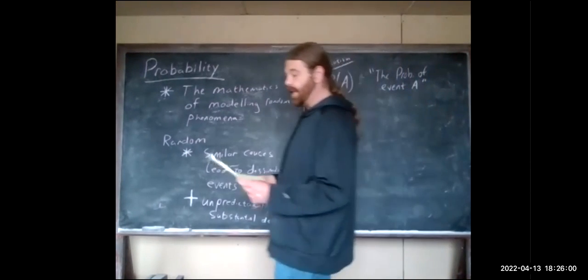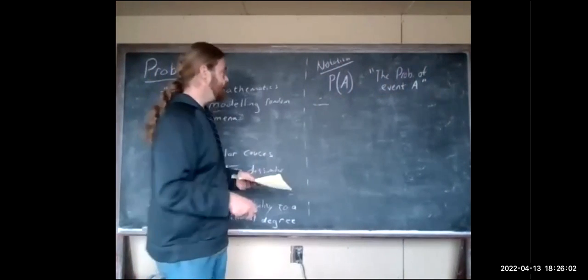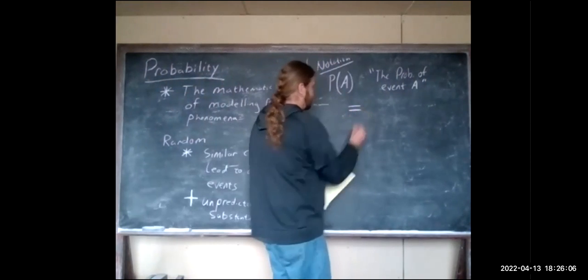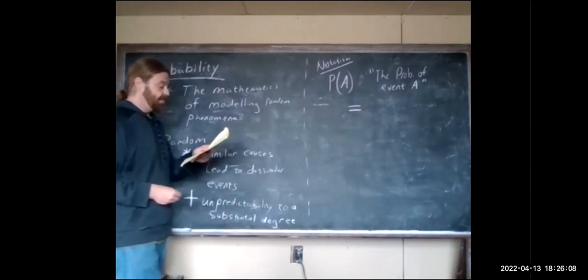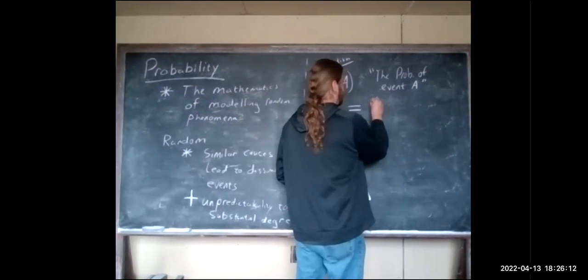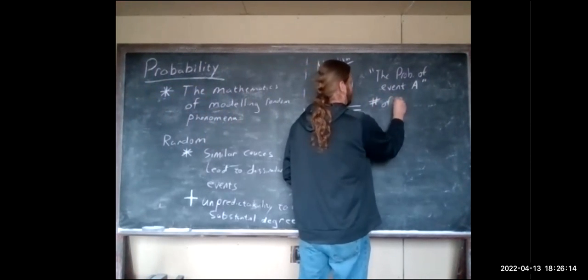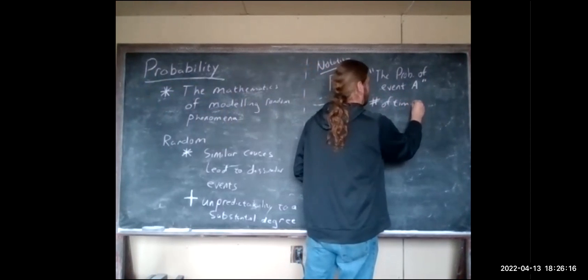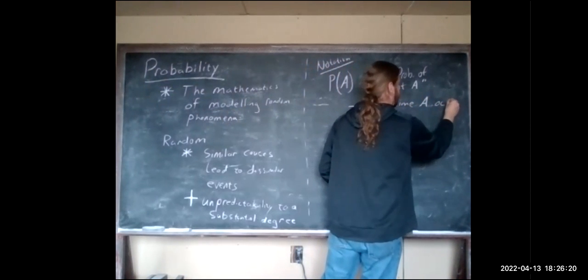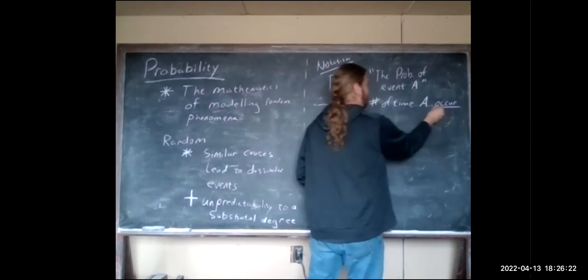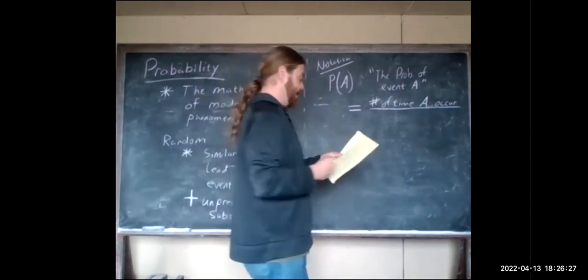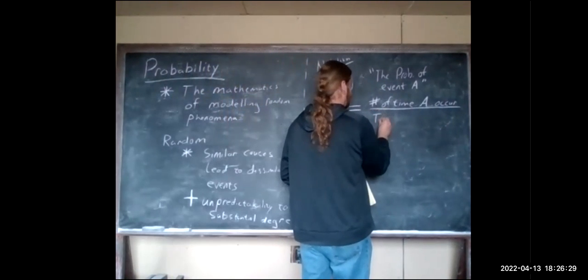So the probability of event A. And probability itself, our basic form of probability, is the number of times A does occur, out of the total number of repetitions.